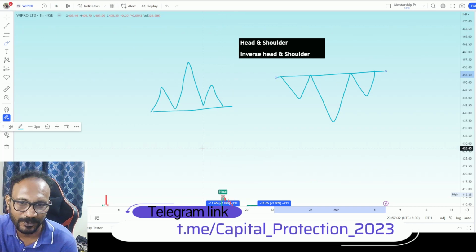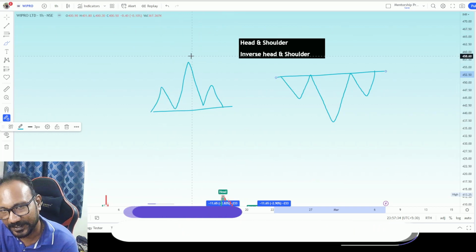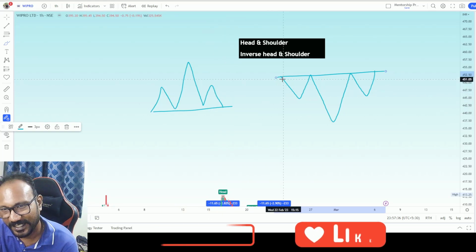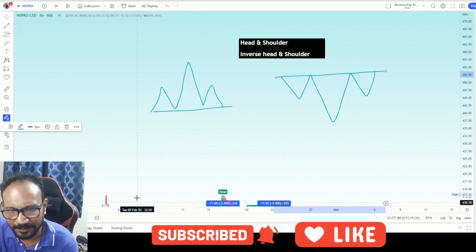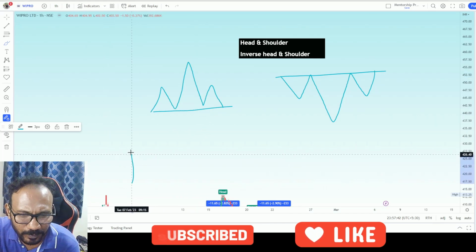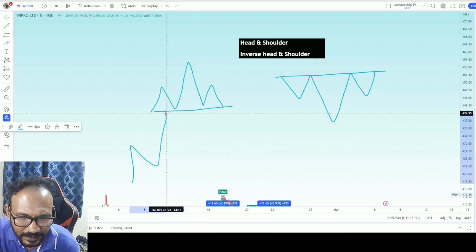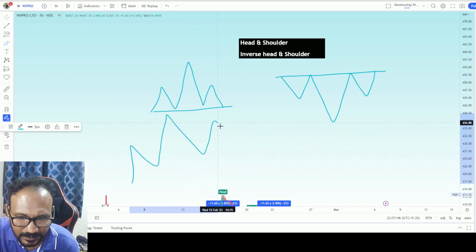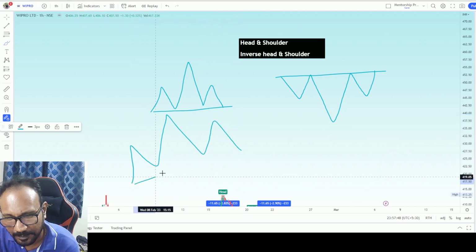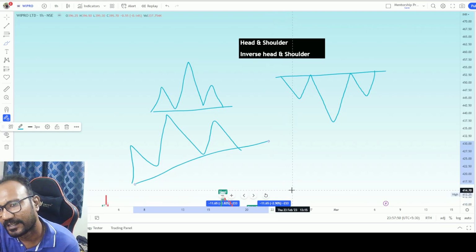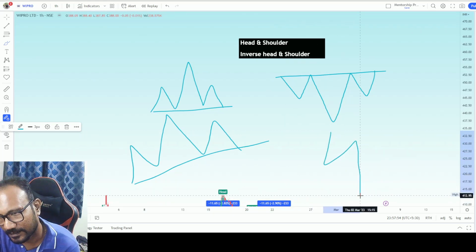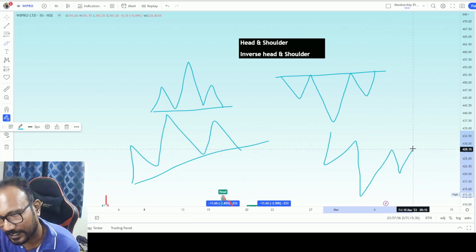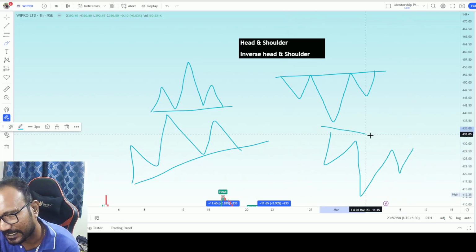On paper this is very much obvious, but in reality it need not look like this. Sometimes what happens is you may have a certain tilt and then another tilt and then another tilt like this, and then the neckline can be like this, right? Or maybe sometimes like this and then like this and then like this, and then the neckline can be slanting.